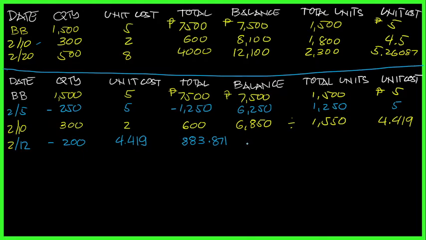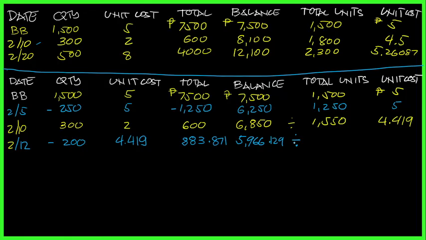It's a sale, no? So you deduct that from 6,850. You will get 5,966.129 or 0.13. So we divide the balance of our inventory by the balance of our inventory in units.